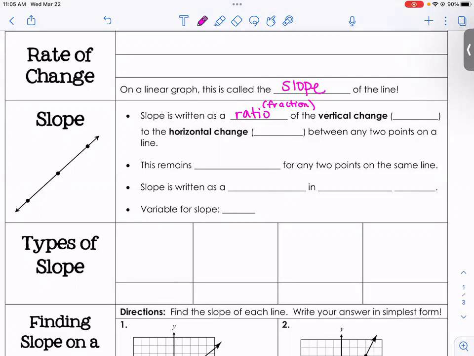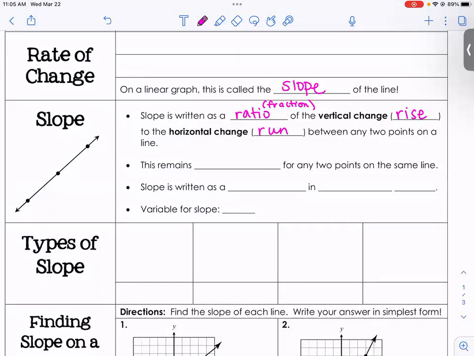Okay. So that up and down, that's like a vertical measurement. We call that the rise. Please put rise right there. And then the over, that's like our horizontal movement. We call that the run. Okay.